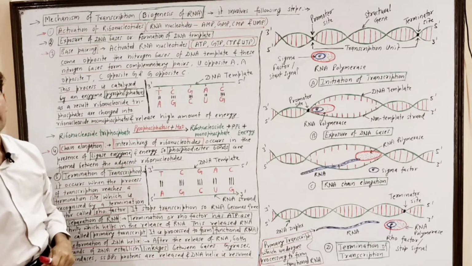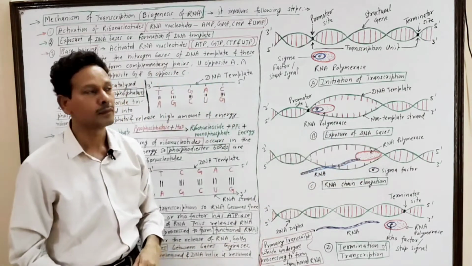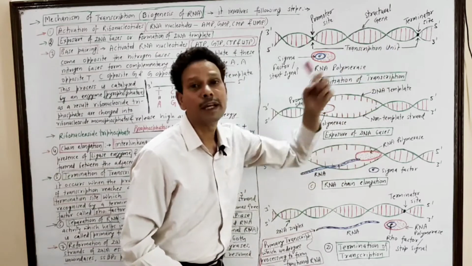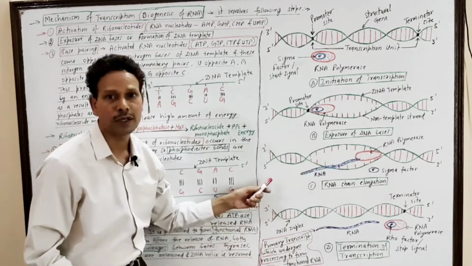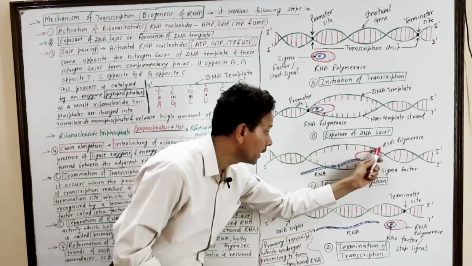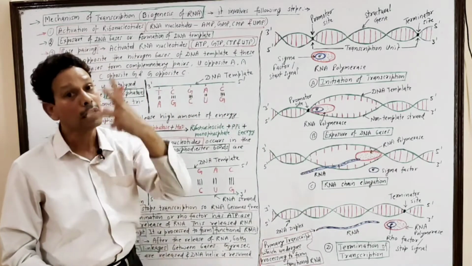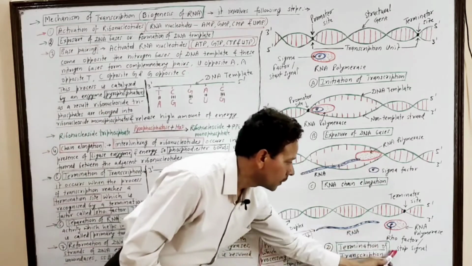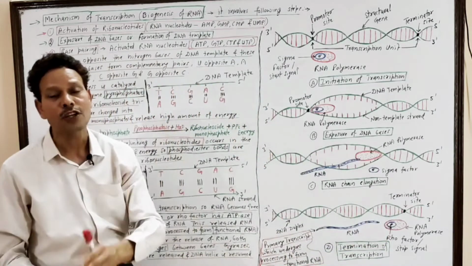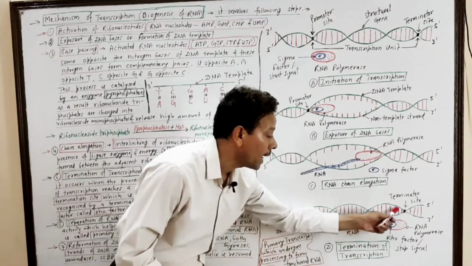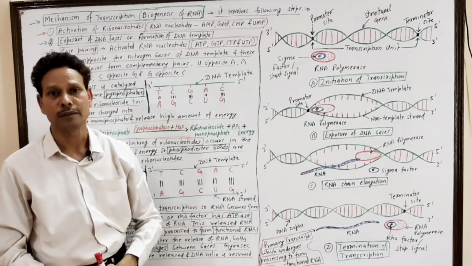Termination of transcription. Dear students, note down, after RNA chain elongation, when the RNA polymerase reaches the terminator site, then another factor, a stop signal, the Rho factor, a termination factor, enters and stops the process of transcription.